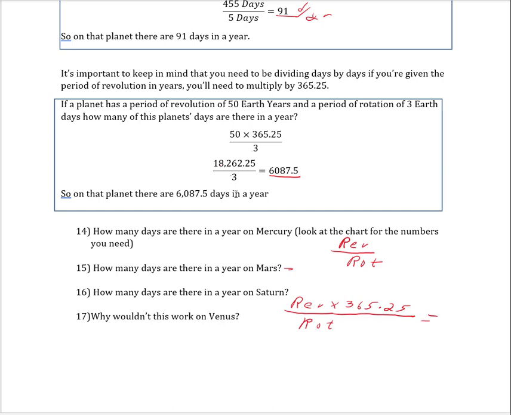That will give you a number and you'll be good to go. For Saturn, multiply the period of revolution by 365.25, then divide by the period of rotation.